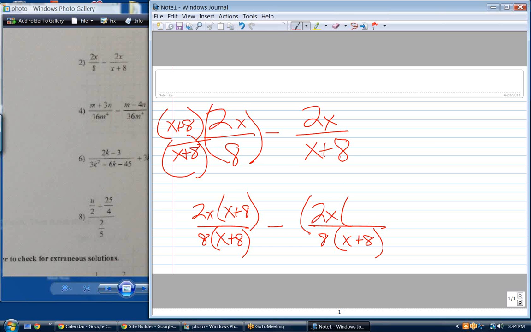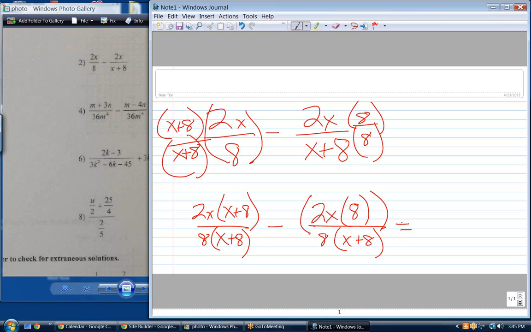What do I have to multiply it by? 8 only. 8 over 8. So what I did was multiply this by 8 divided by 8, the number 1. That gives it the denominator that I desire, and gives it this new numerator.